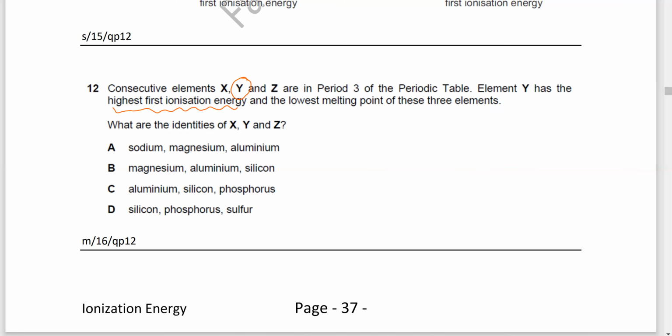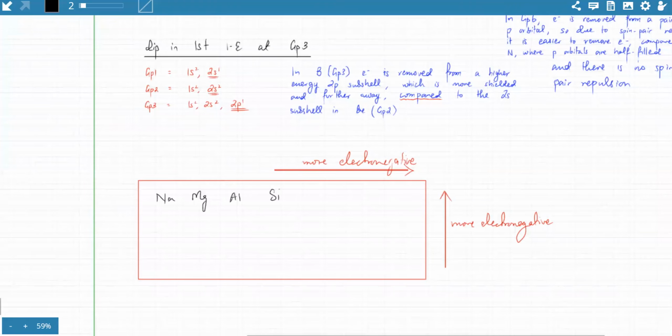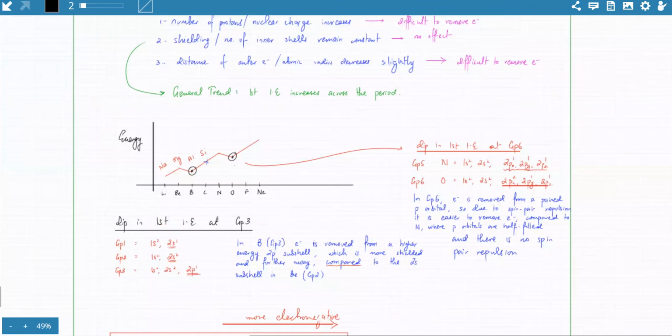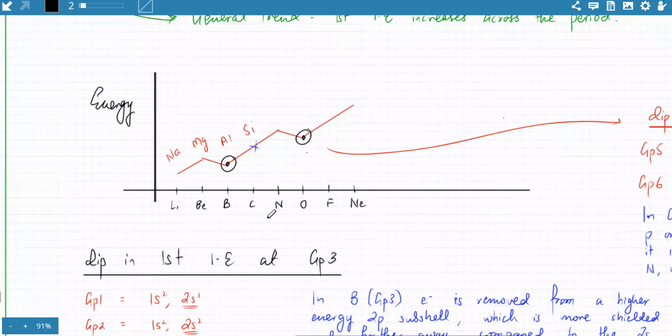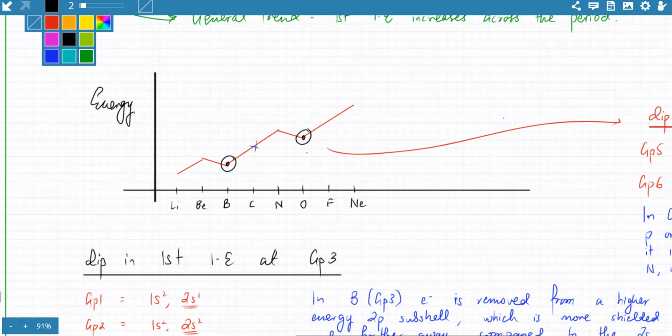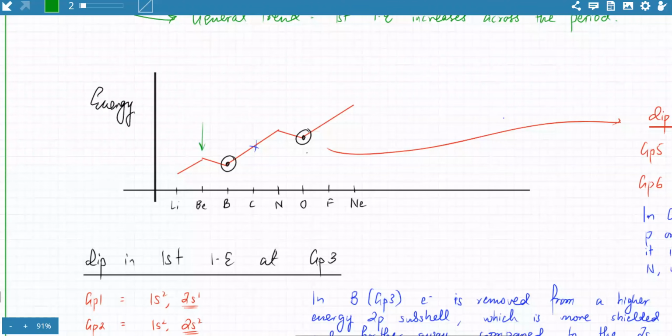Okay, so let's have a look. This is across the period. So the middle one has the highest ionization energy. So it's either going to be this one in group 2, or it's going to be this one.